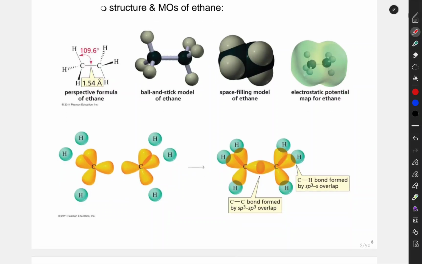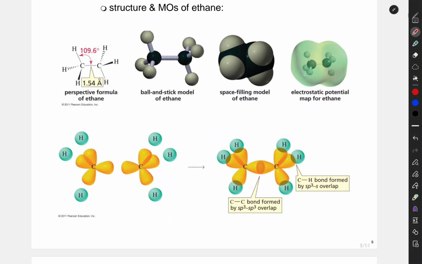You can also think about ethane. The structure and MOs of ethane can be imagined, and this is the perspective formula for the ethane molecule. You have one more carbon, a C2H6 molecule, fully saturated. And with respect to each carbon, that's also a tetrahedral structure.